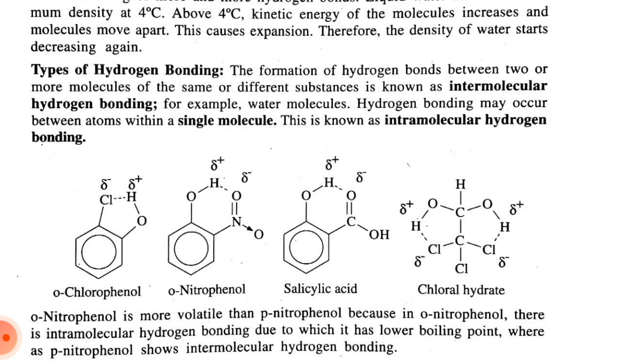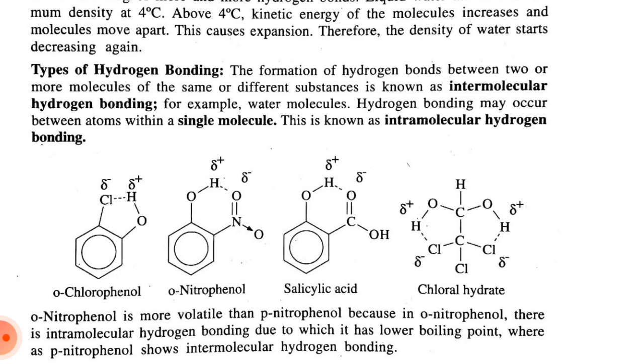Types of hydrogen bonding. The formation of hydrogen bonding between two or more molecules of the same or different substance is known as intermolecular hydrogen bonding, for example in water. Hydrogen bonding may also occur between atoms within a single molecule. This is known as intramolecular hydrogen bonding.